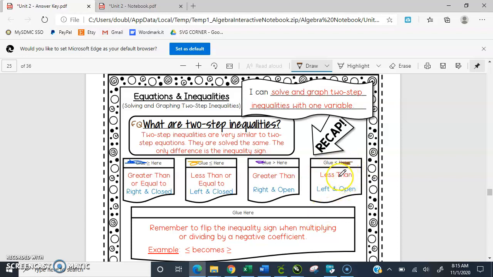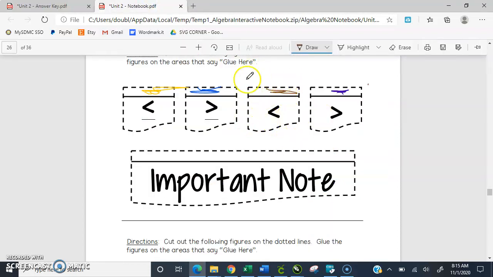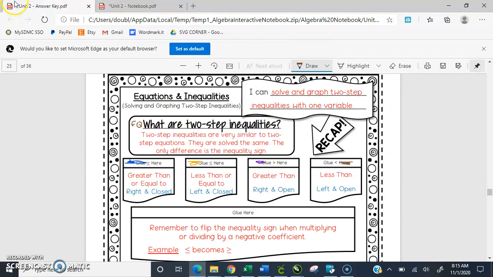All right, then the fourth one is a less than sign. That should be the third cutout. That's an open circle and goes to the left. So make sure you use the glue lightly up top and just glue the rim of it because it's a flap. Okay, so you want to make sure that you can open it up when it comes to the sign.